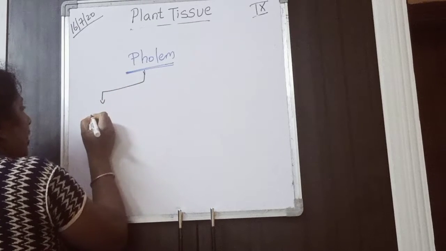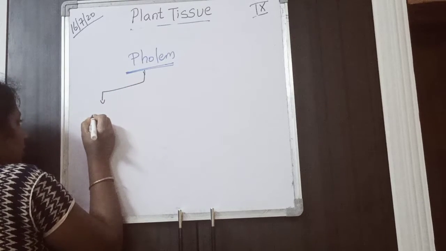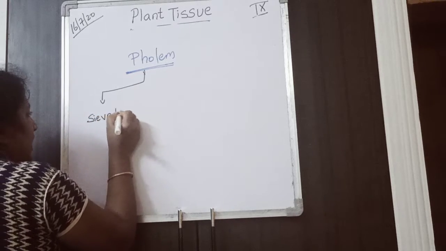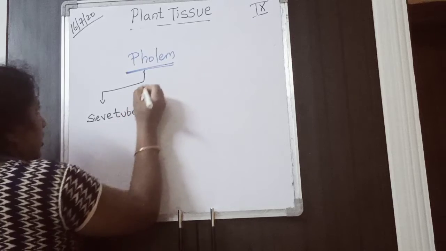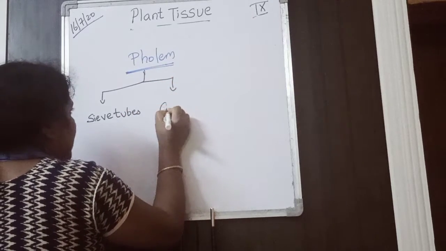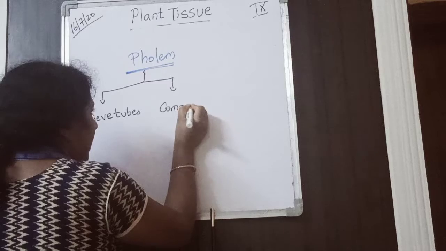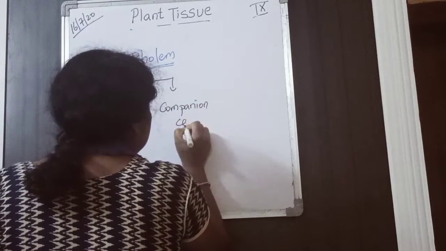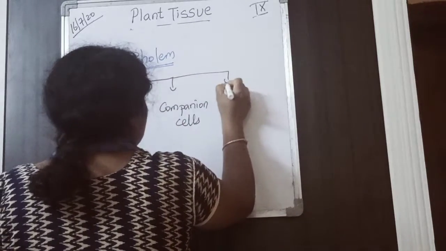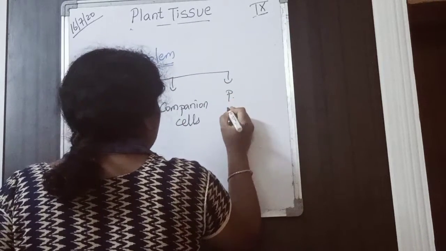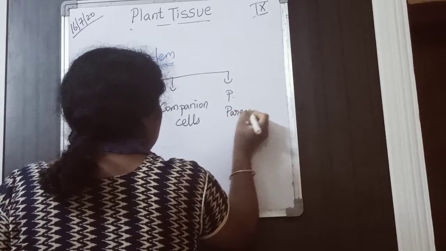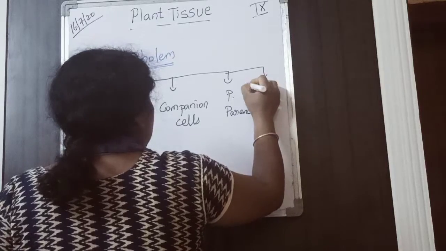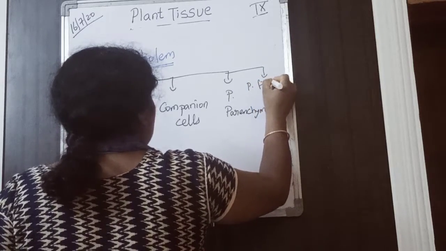Phloem is made up of sieve tubes, next companion cells, next phloem parenchyma, and last one is phloem fibers.